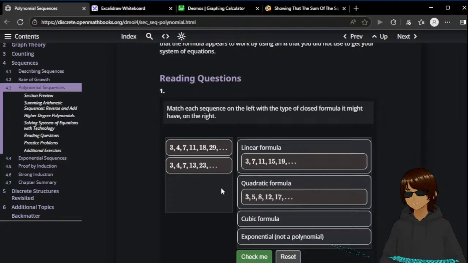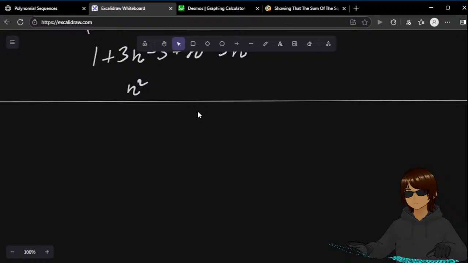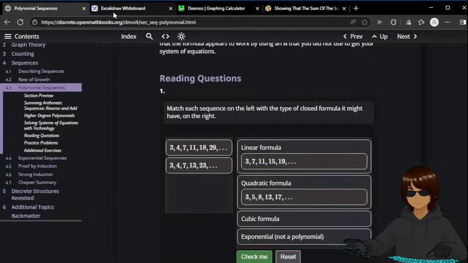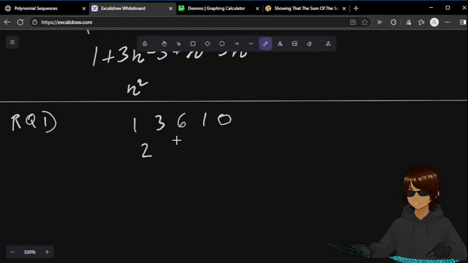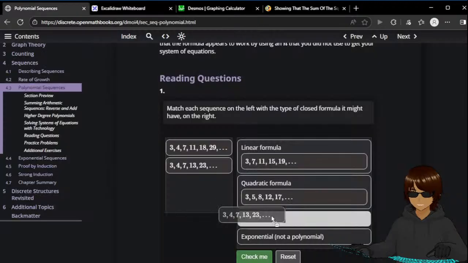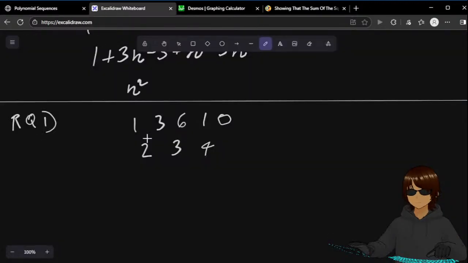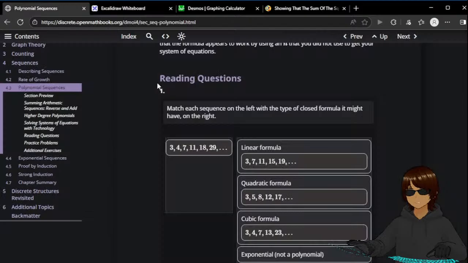So 1, 3, 6, 10. So 2, 3, 4. Okay, this is cubic. Wait a minute. 2, 3, 4. Quadratic. Cubic.